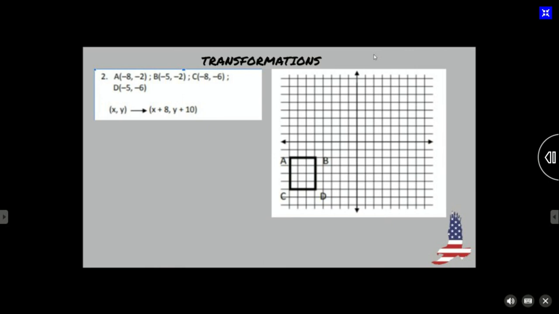This is your notes. Hand up if you need help. Look on your problem 2.